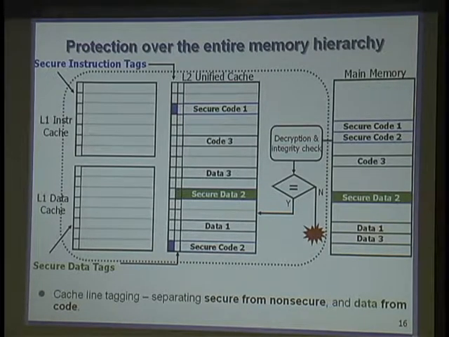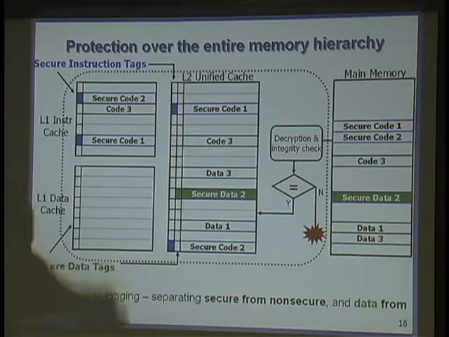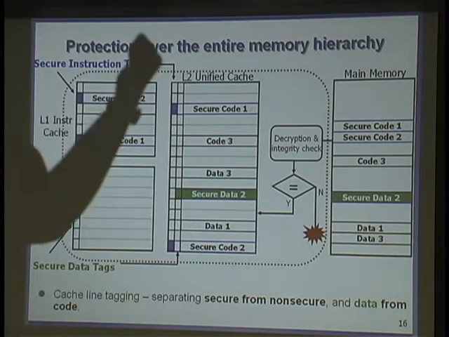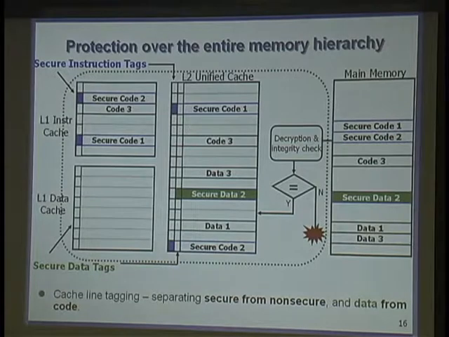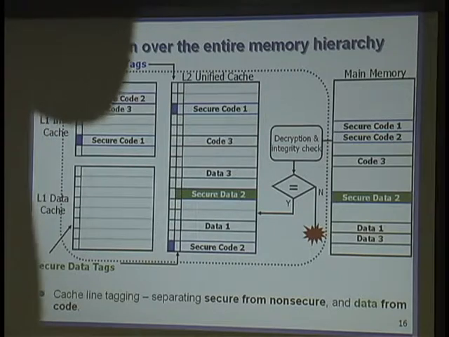And similarly, when you bring instructions into the L1 instruction cache, they will bring the secure instruction tag with them. So when you do the instruction fetch from the processor's core of the L1 instruction cache, you will know whether this is a secure instruction line or not.